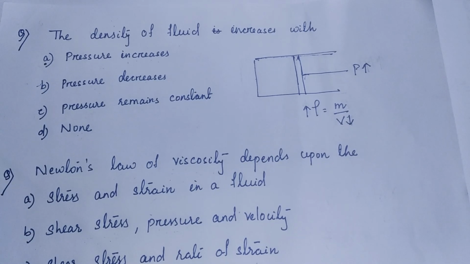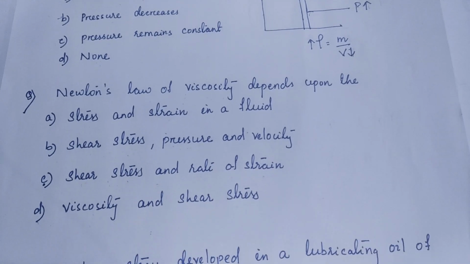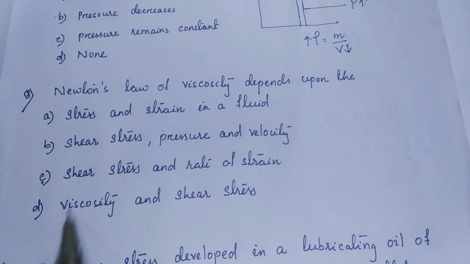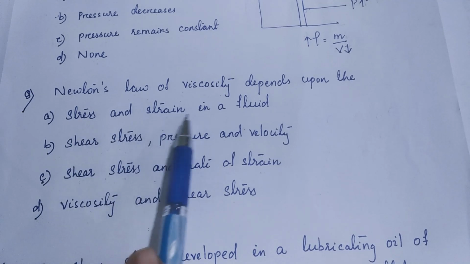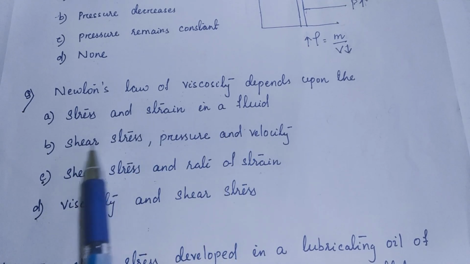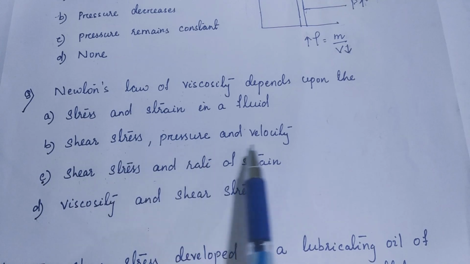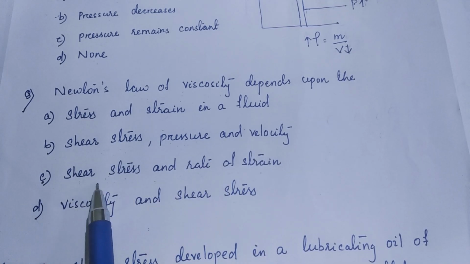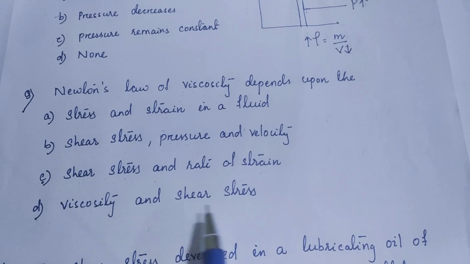Next question. Newton's law of viscosity depends upon: bit A, stress and strain in a fluid; bit B, shear stress, pressure and velocity; bit C, shear stress and rate of strain; and bit D, viscosity and shear stress.